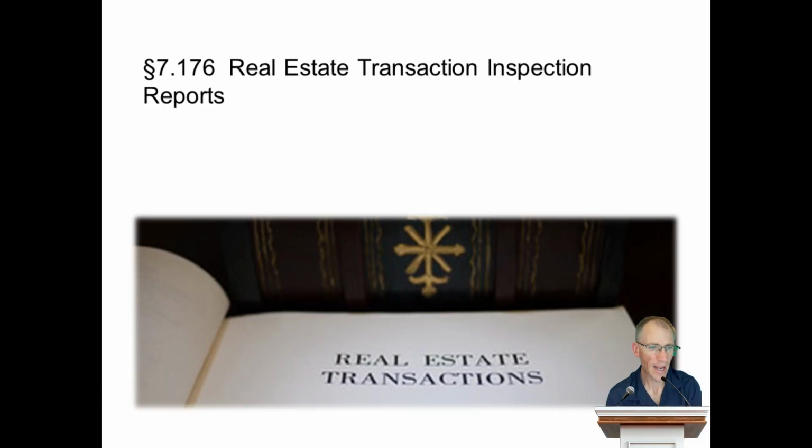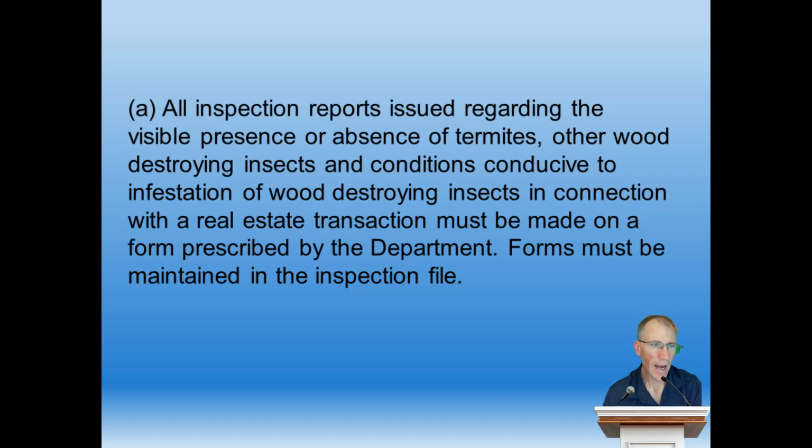7.176 Real Estate Transaction Inspection Reports. A. All inspection reports issued regarding the visible presence or absence of termites or other wood-destroying insects and conditions conducive to infestation of wood-destroying insects in connection with a real estate transaction must be made on a form prescribed by the department.